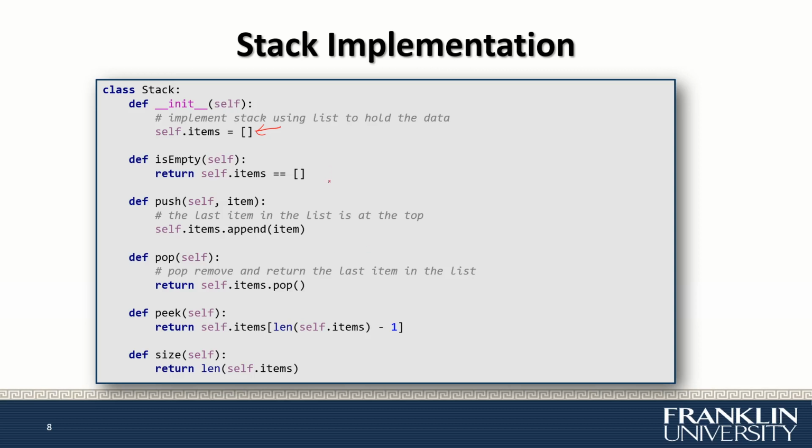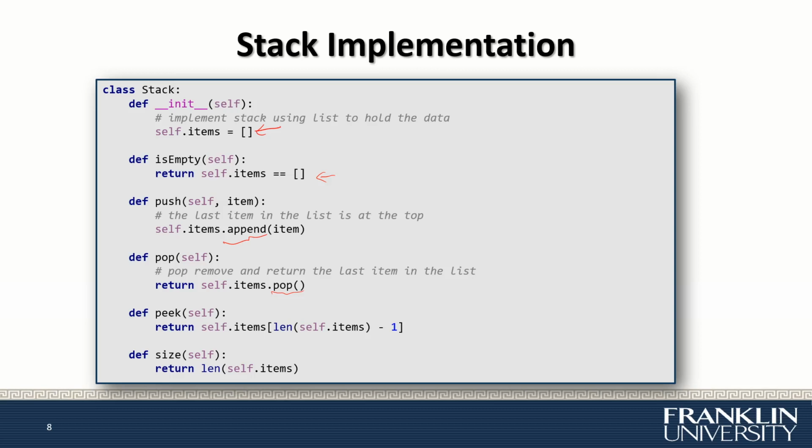And I can check whether the stack is empty by checking whether self.items is the same as an empty list. And I can push an item onto the stack. Because the stack is implemented using a list, I will call the list append method to push an item to the end of the list. And using the list pop method, I can pop and return the last item in the list.